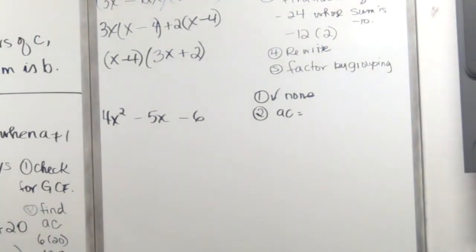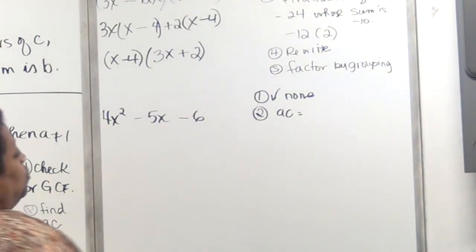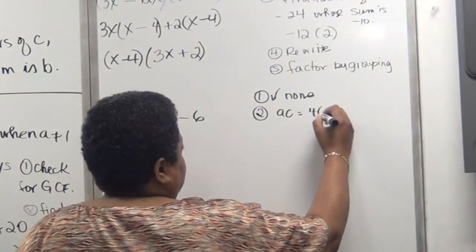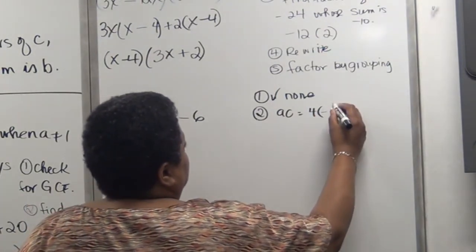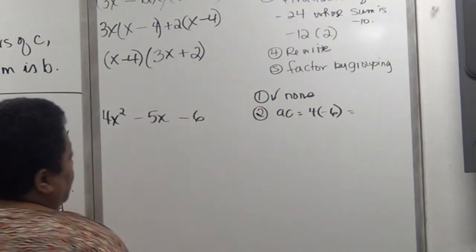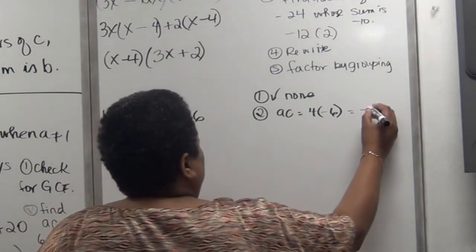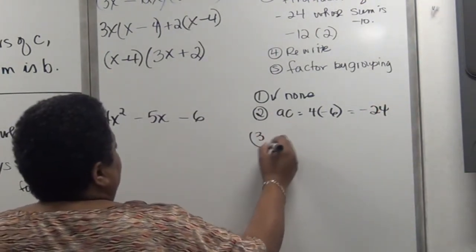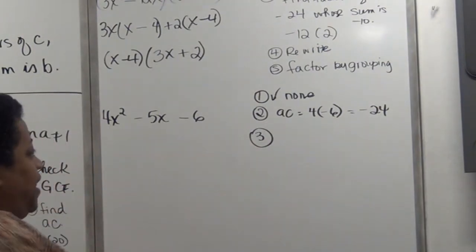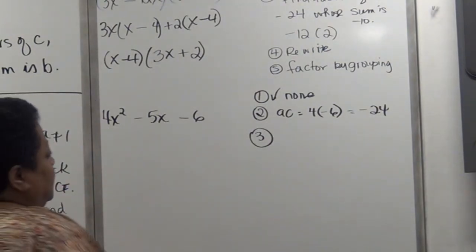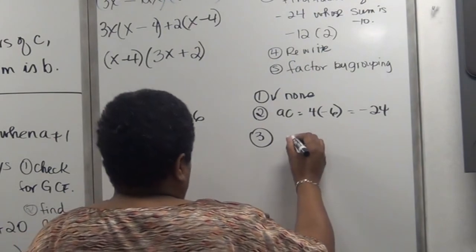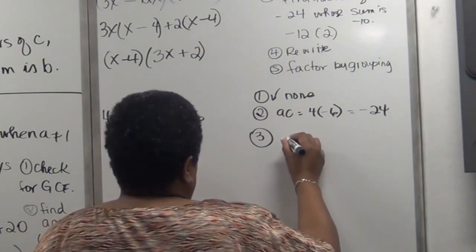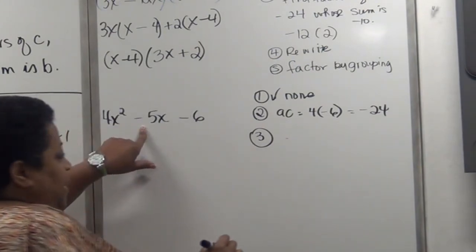So A is what? 4. And C is negative 6, and that equals negative 24. All right, you gotta find the factors. They gotta add up to negative 5 though.